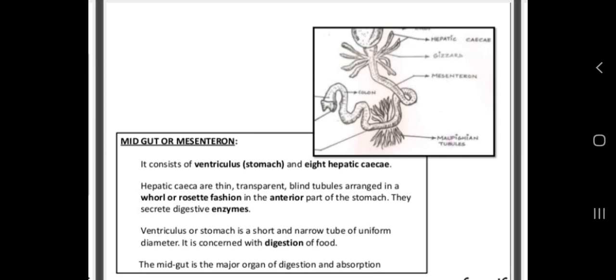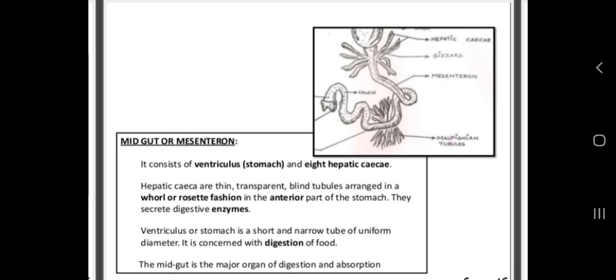The second part of the alimentary canal is known as midgut or mesenteron. It is a long, narrow, tubular structure.